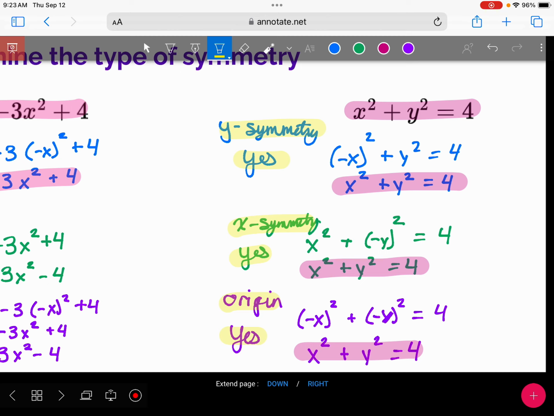This is a circle. X squared plus y squared equals the radius squared, and that is a circle right on the origin. Because we usually did x plus h squared, y plus k squared equals that radius squared. So that's a circle right on the origin. That's why it has all the symmetries. We just drew a circle around our center.